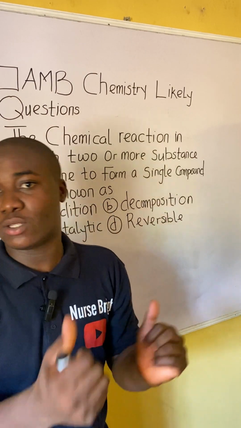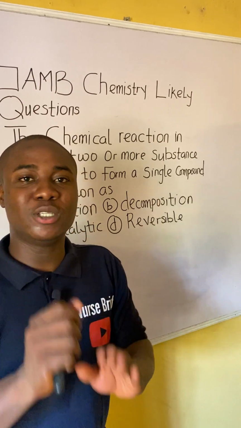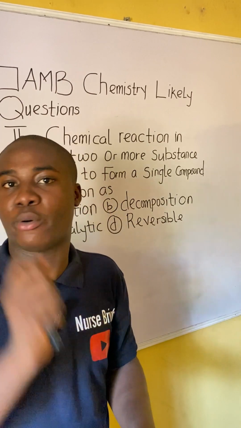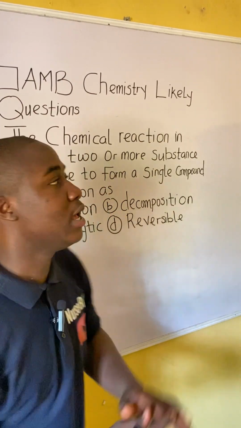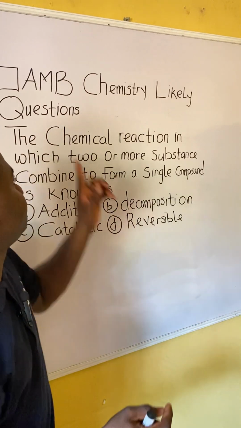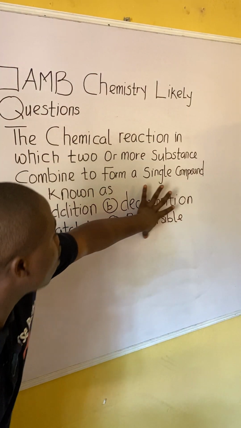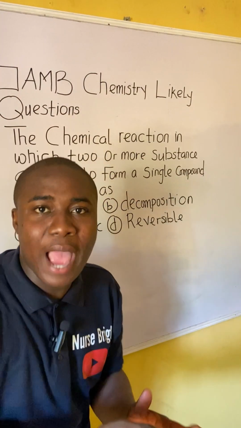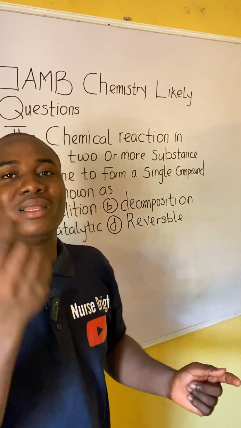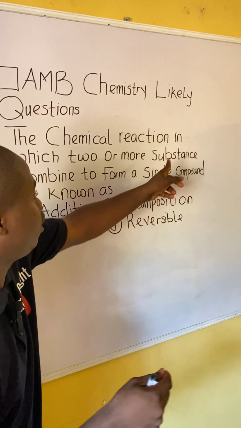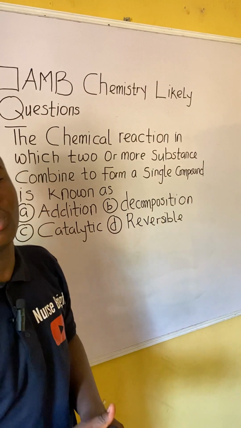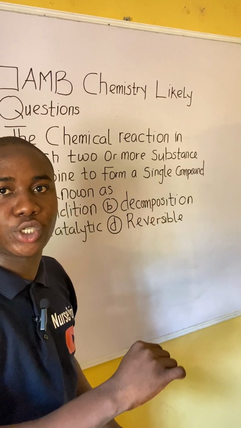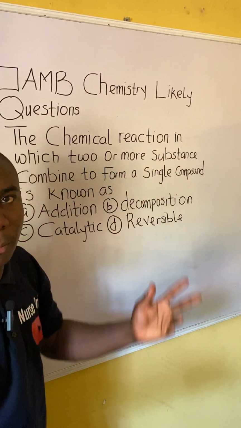Before choosing the answer to this question, it is important for me to analyze the question properly. They said the chemical reaction. So all of these options are types of chemical reaction. They are not asking which of them is actually occurring. So the chemical reaction in which two or more substances.